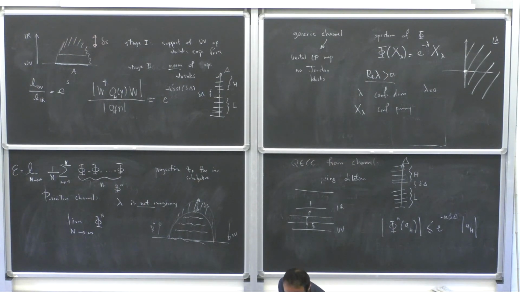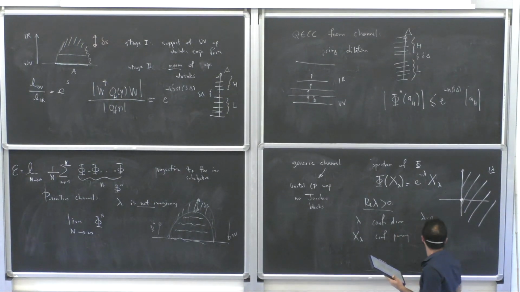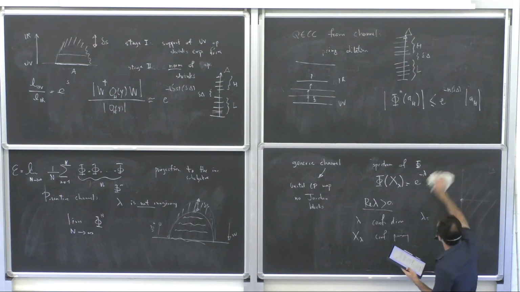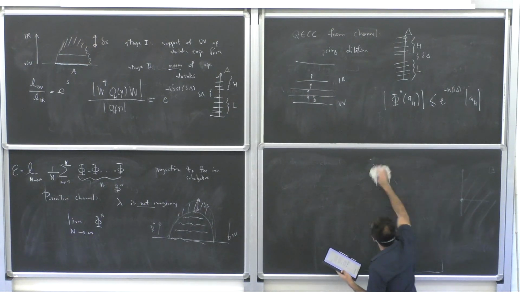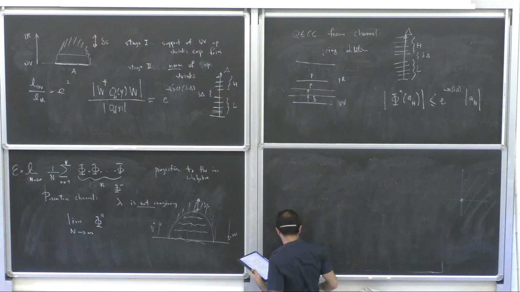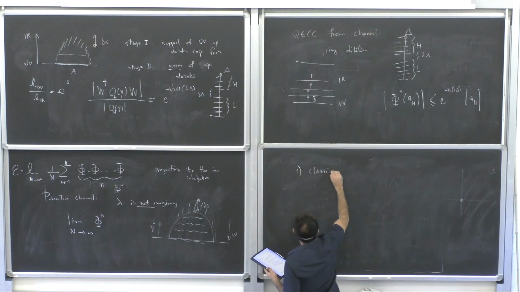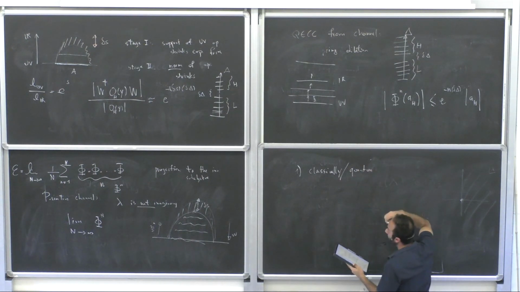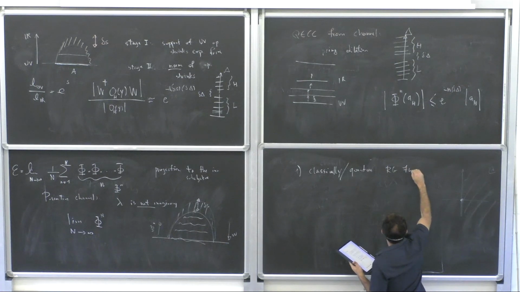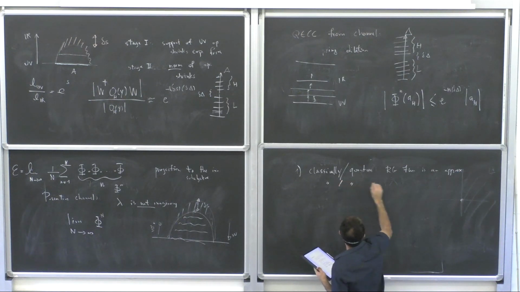All right, let me just summarize and stop. So in summary, hopefully I gave you enough motivation to go look at those papers to see how a classical or quantum RG flow is an approximate classical or quantum error correction code.